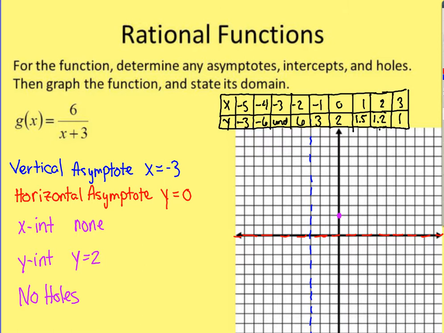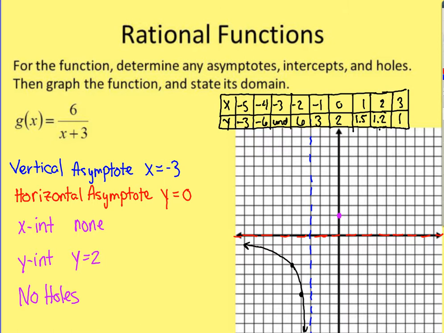Now we're just going to go and graph these points. So at -5, we're at -3. At -4, we're at -6. So this tells me I know I have to get close to the red line and close to the blue line. So apparently I'm getting close to the blue line in this direction, and we're going to get close to the red line in this direction.